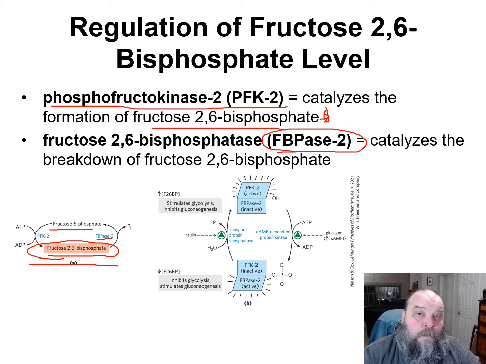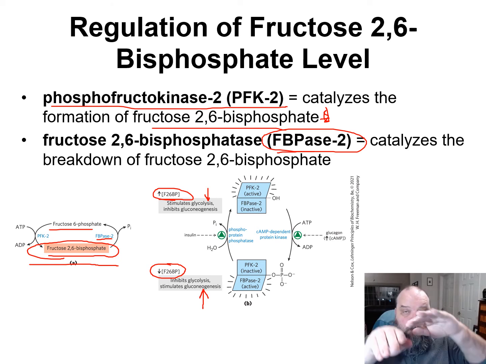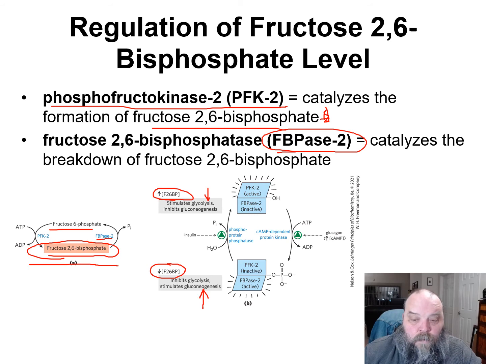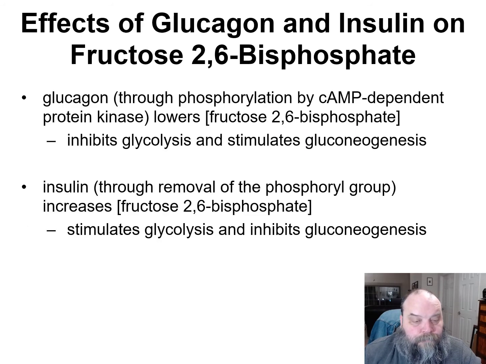That way it can't help, and it also can't hinder. So depending upon how much is there, high levels of F26BP means we're looking at glycolysis. Low levels means we're now looking at gluconeogenesis. So here's what's controlling our teeter-totter, or at least one of the things controlling our teeter-totter.